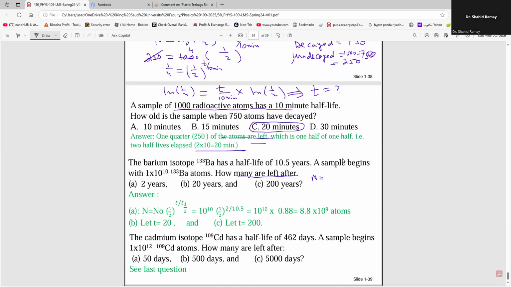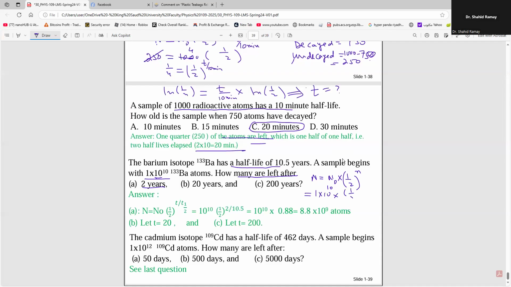So N is equal to N naught into (1/2)^n. So half-life is given. A sample begins with this value, and this value is actually your N naught value: 1 into 10 raised to power 10. How many are left after 2 years? This is the time.